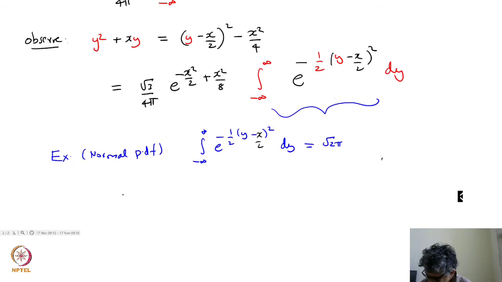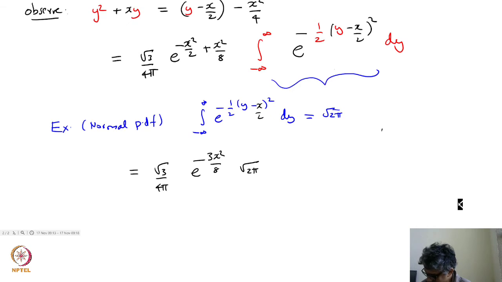Therefore, the above is equal to, now, I have root 3 by 4 pi, right? I have e to the minus x squared by 2 plus x squared by 8. I'll write that as a minus 3x squared by 8, right? And then I have this integral, which is root 2 pi. That's all I have.